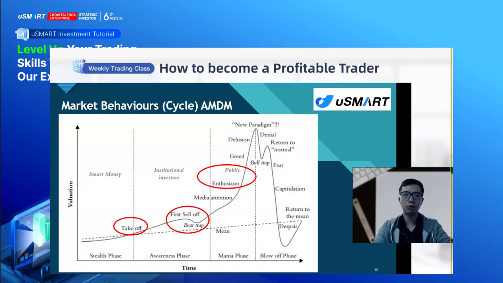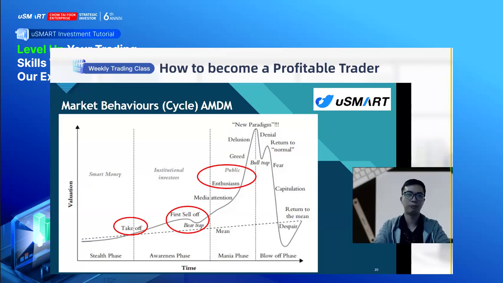Then usually when you enter there, the price will become very volatile, and you don't know if it can go higher or lower. If you follow this trend, you'll become a very confused trader, because people will say, oh, it's up a lot, it can have a big drop anytime.